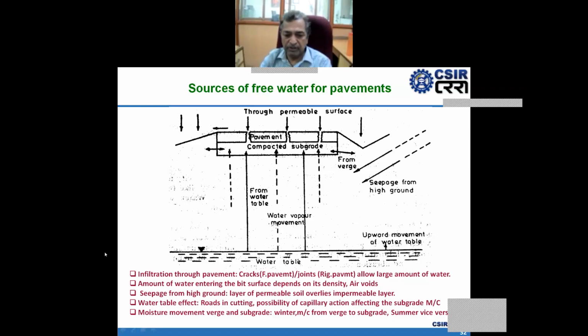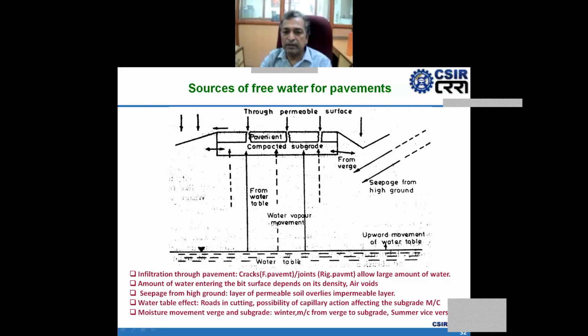So you will see infiltration of water through the pavement, either through cracks or joints in rigid pavement, and in flexible pavement through cracks, infiltration of water from the top. The amount of water entering the bituminous surface depends on its density and voids.